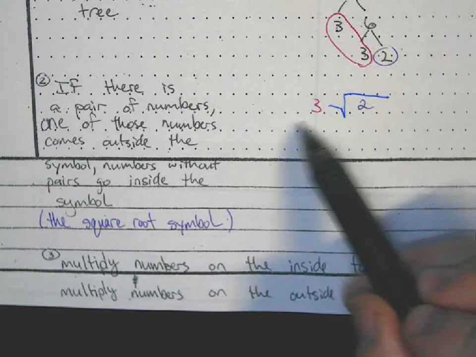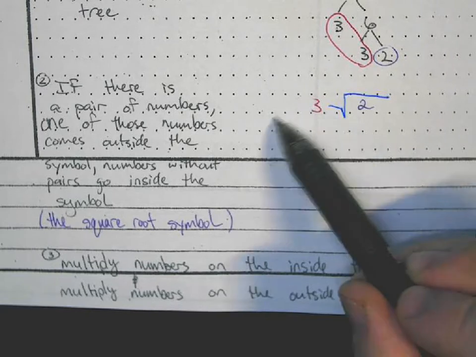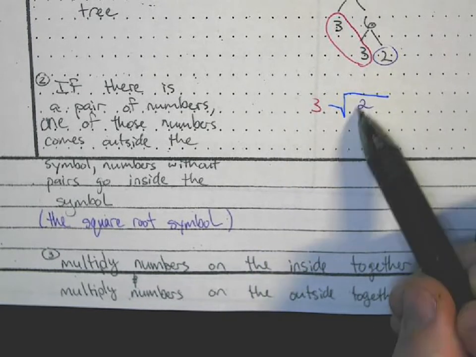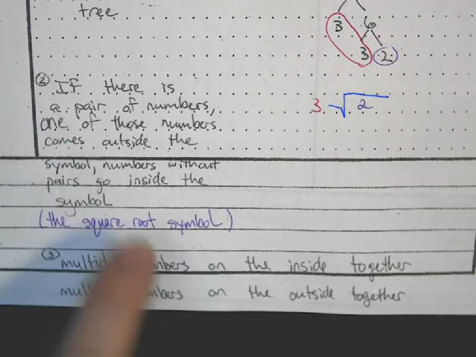So if we had multiple numbers floating out here out front, we would multiply those numbers together, and if we had multiple numbers that we put back inside, we'd multiply those numbers together. So let's do another example following these steps.